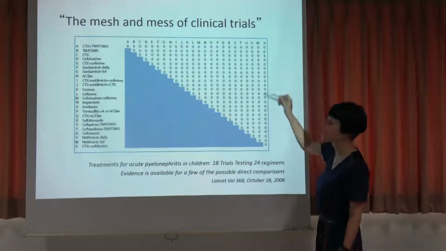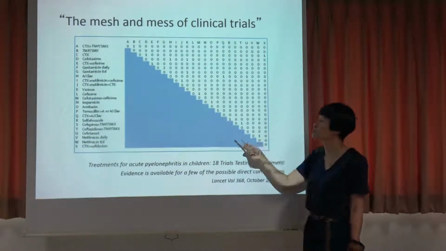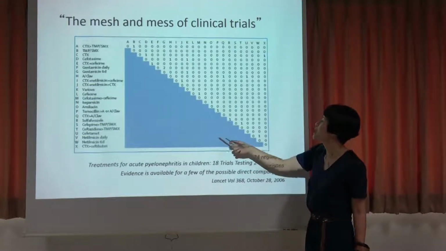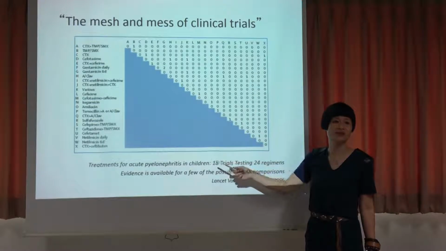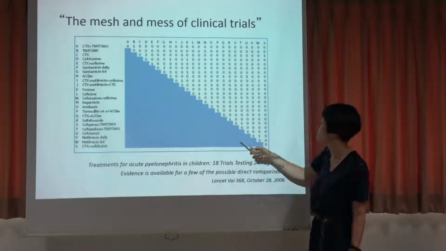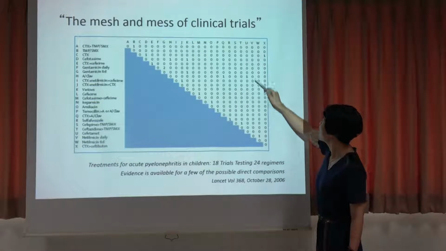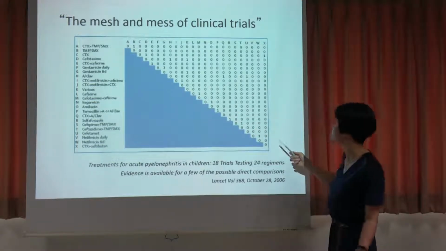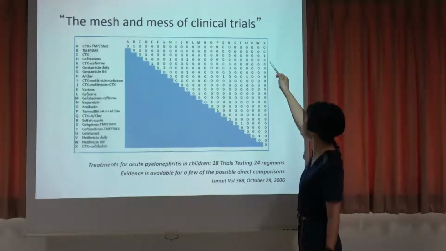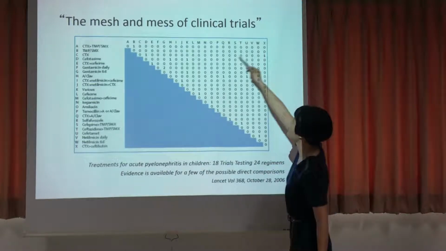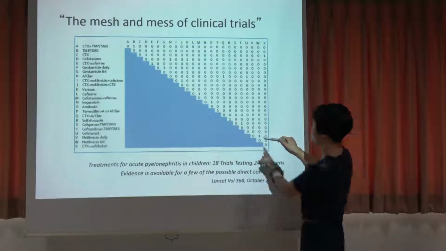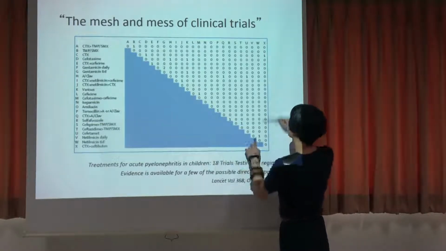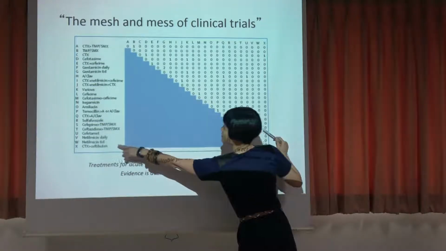So there are no trials, quite reasonably, comparing all these treatments at the same time. It's virtually impossible to do a head-to-head trial like this. So in reality, this is the evidence. You have one trial here comparing the last treatment with this treatment, and here you've got one trial comparing this treatment V over here with W, which is this treatment here.